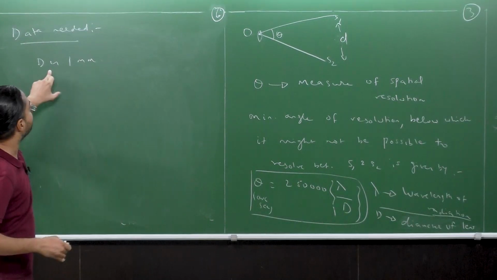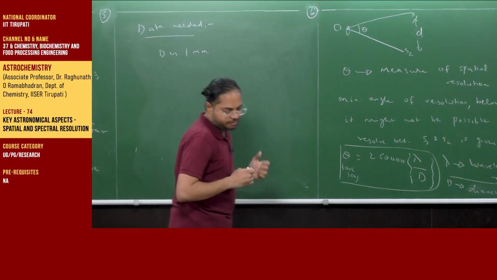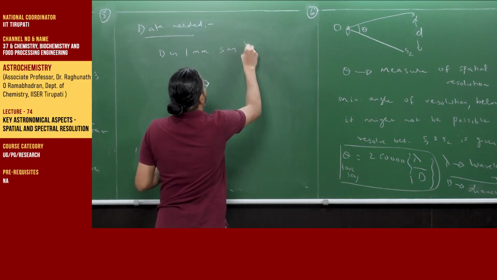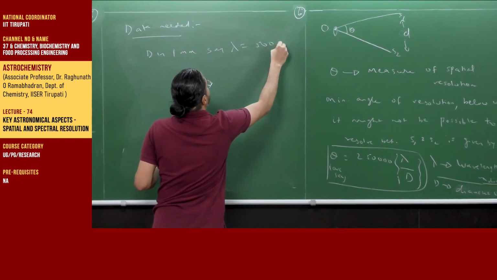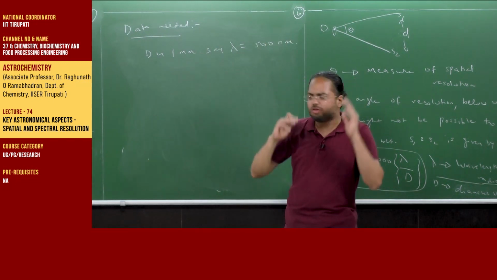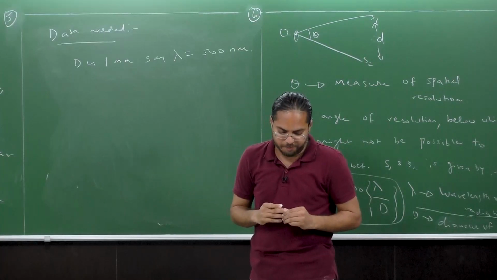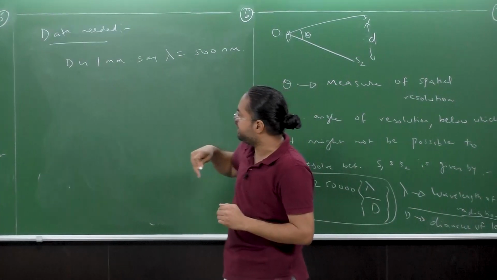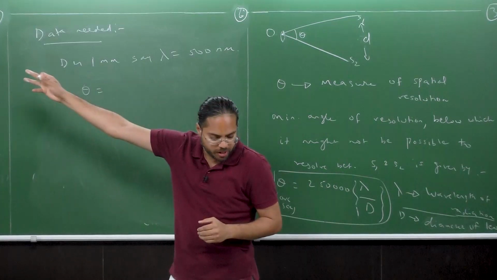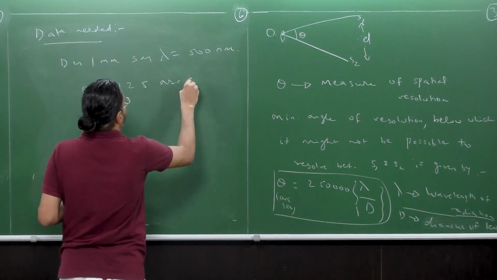Okay, so the diameter of the pupil is roughly 1 millimeter. All right. And let's say that the wavelength, lambda, is 500 nanometers. Okay, right? So that can always be converted to meters and millimeters subsequently. All right. So using this, your theta, you can calculate using this formula to be roughly 125 arcsec.